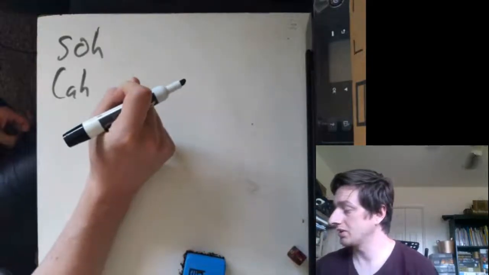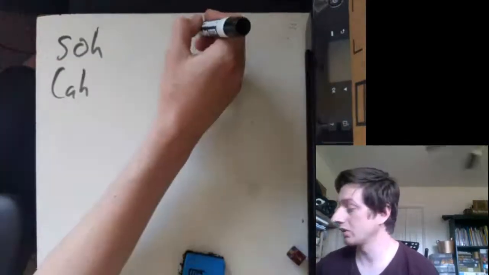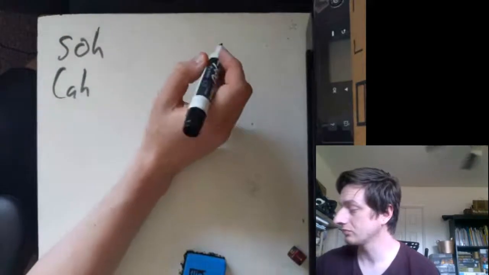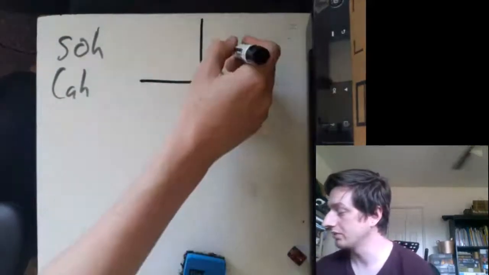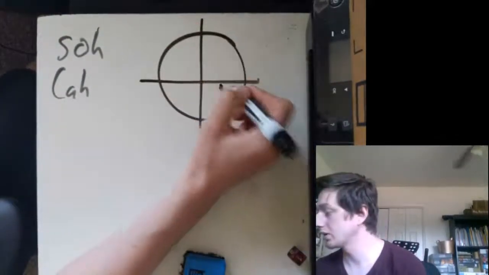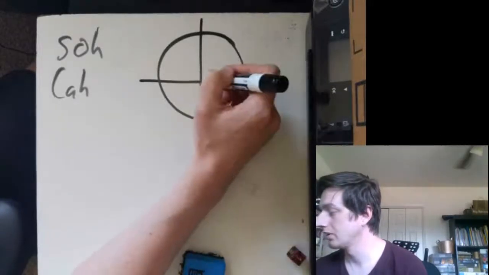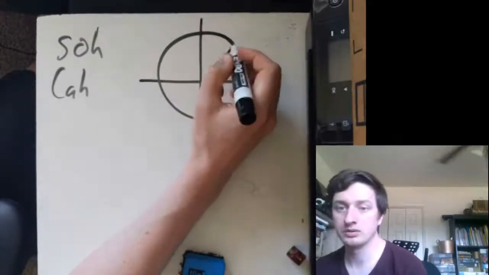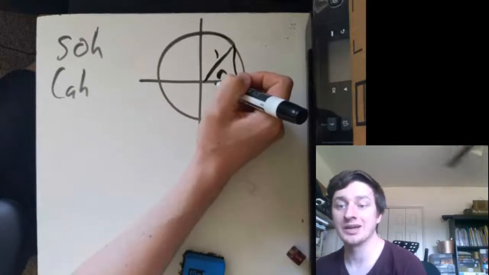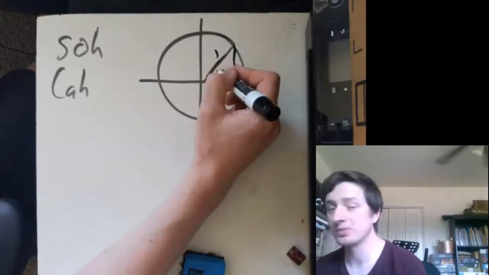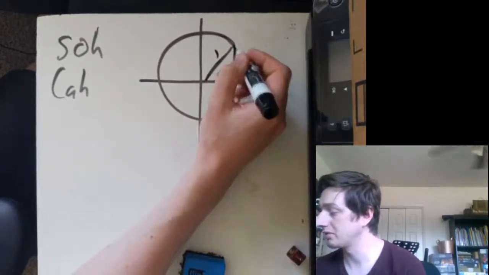So, sine is opposite over hypotenuse. Remember, we're working in the unit circle where the radius is 1. So this is the radius, and we can draw a triangle in here. This is going to be 1. Sine of the angle is the opposite side over the hypotenuse, and the hypotenuse is 1.